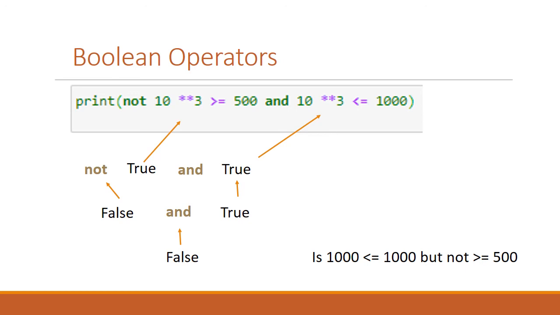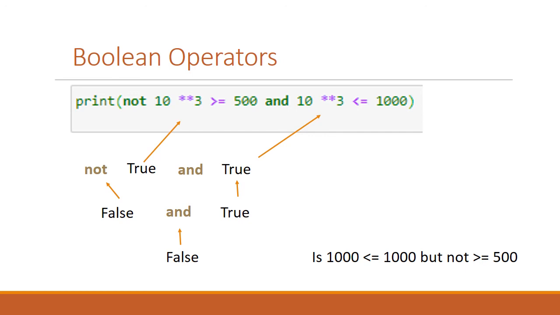So again, the first operators that are evaluated are the arithmetic operators. So we evaluate 10 cubed to be 1000. So now we have the expression not 1000 greater than or equal to 500 and 1000 less than or equal to 1000.